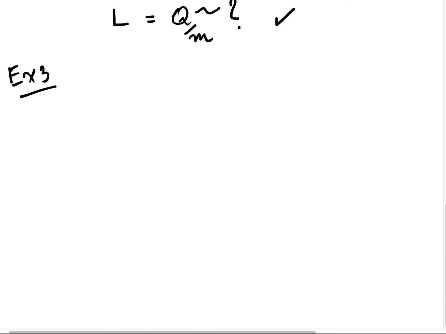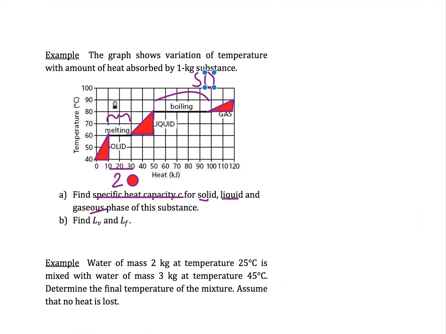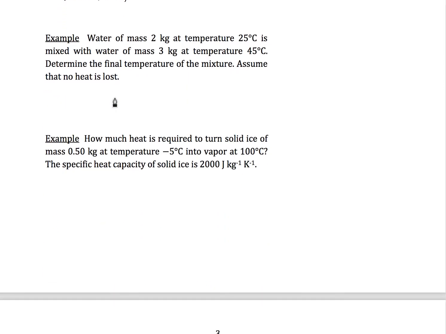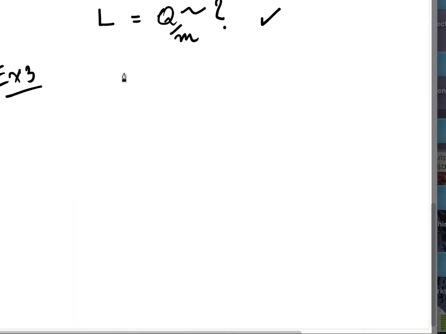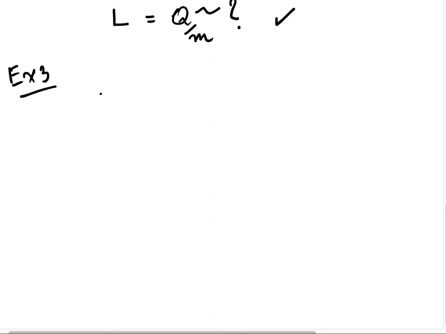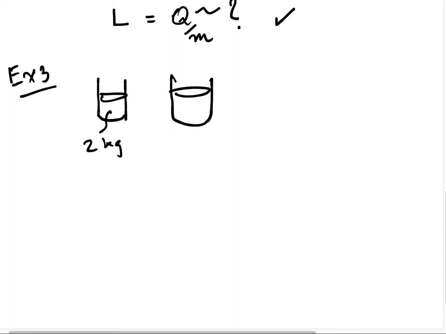So number 3 is about mixing water of mass 2 kilogram at temperature 25 and water of mass 3 kilograms at temperature 45. And you want to find the final temperature. Okay, so we start with this is a small water and this is the bigger water. It's 2 kilogram, 3 kilogram.